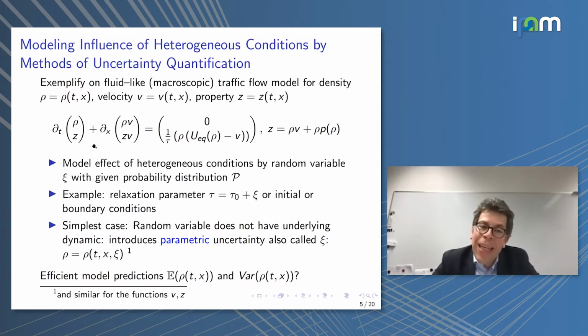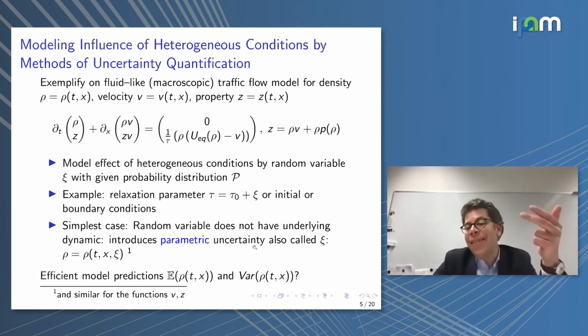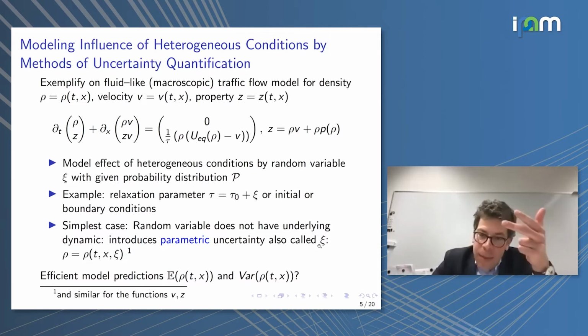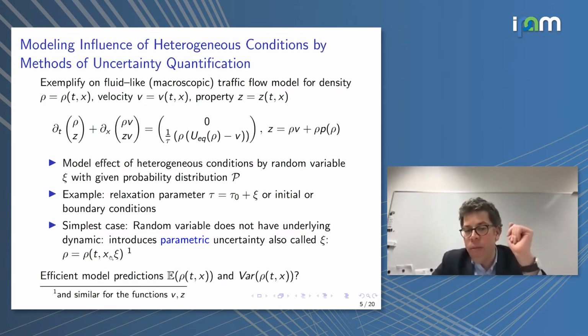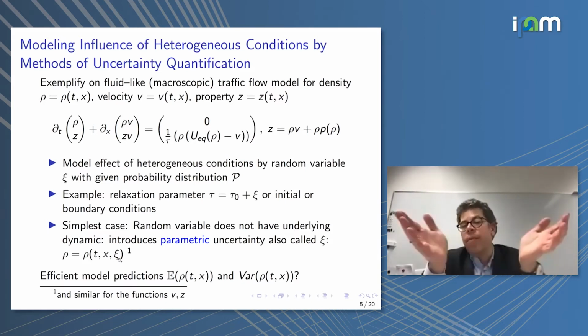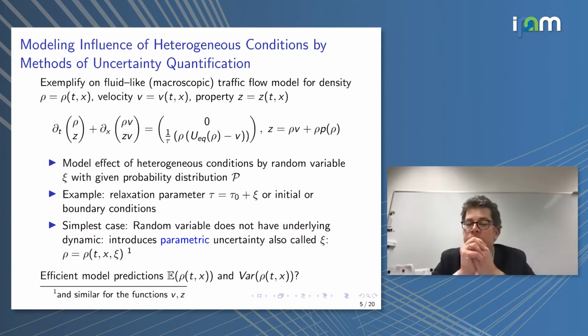And this would lead essentially to an equation which is now not only posed in time and space, but also in this parameter psi, which has a given distribution. And so all these functions, rho, v, and z, and I only write this for rho now, but it's the same for v and z, would now depend also on this random parameter psi with a given distribution.